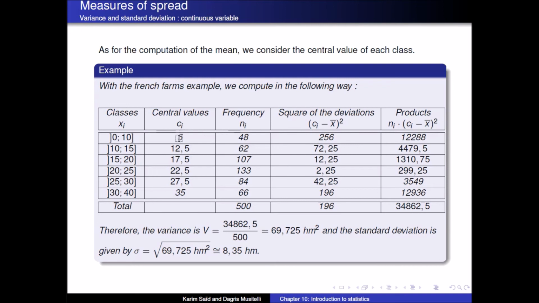I compute the difference between 5 and the mean, and then I put it to the power 2. It gives those numbers. Don't forget I have 48 times this value, so 48 times this, and then I can compute the variance and the standard deviation.